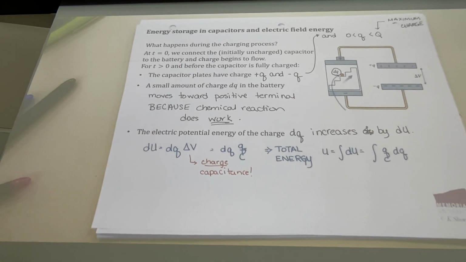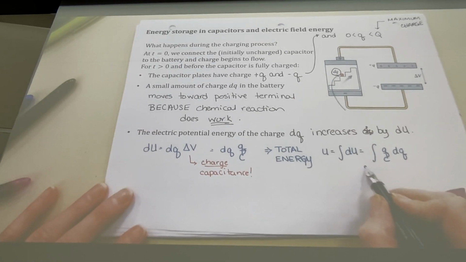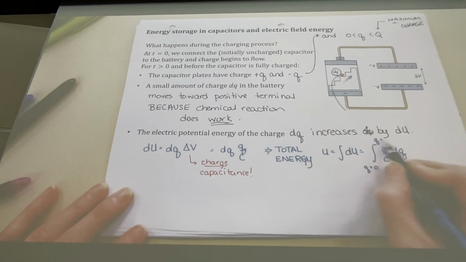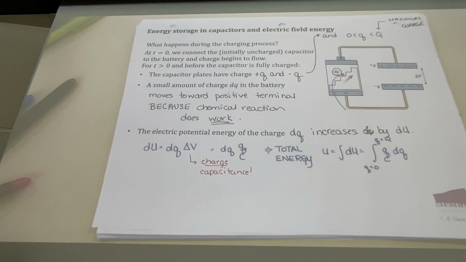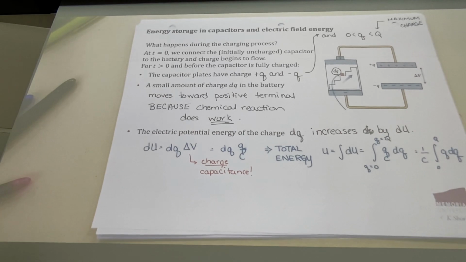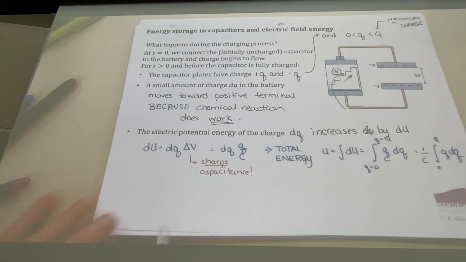We're integrating with respect to the charge, so we're going from q equals 0, that's at the beginning, until we hit our maximum charge, q equals capital Q. So this one's a straightforward integral. So 1 over C, integral from 0 to Q, q dq. The integral of q dq is a power law. That's just going to be q squared over 2. That's kind of one of the ones I figure you can do sort of right off the top of your head.